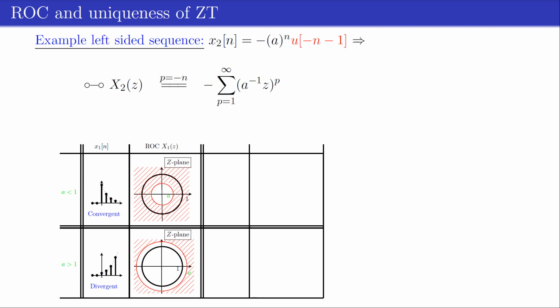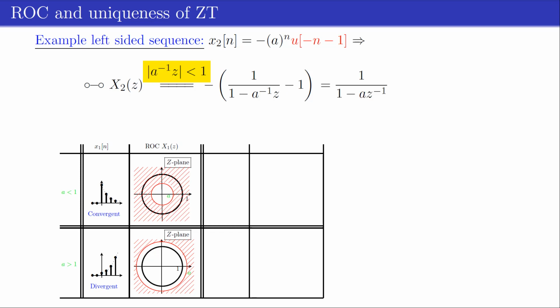By substituting the variable minus n with p and taking the summation from p is 0, we can replace the summation by 1 divided by 1 minus the argument of the summation, if the absolute value of the argument is smaller than 1. This last expression can be rewritten, from which the region of convergence is given by all values of the complex variable z inside a circle with radius a.